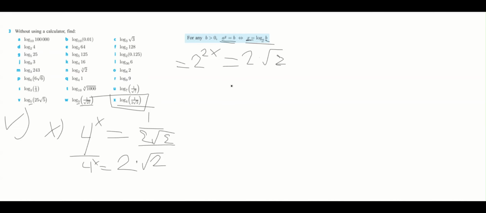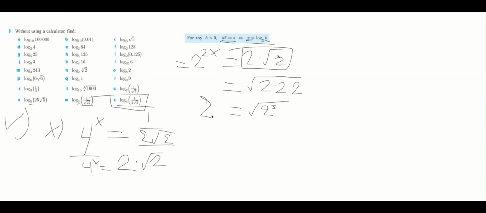This still doesn't help us too much because we still have this issue over here, so we're going to simplify this down. We're going to bring the 2 into the square root, so we have to square the 2. So it'd essentially be 2 times 2 times 2, which equals the square root of 2 to the power of 3.